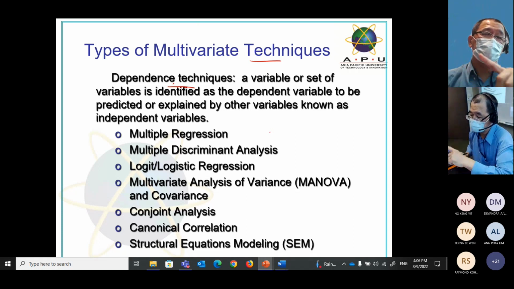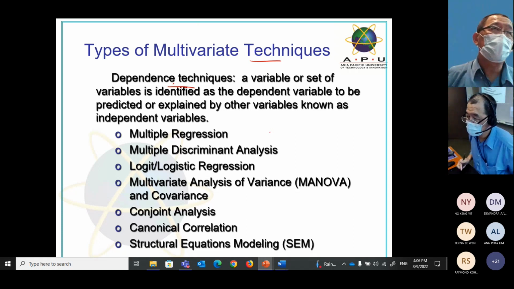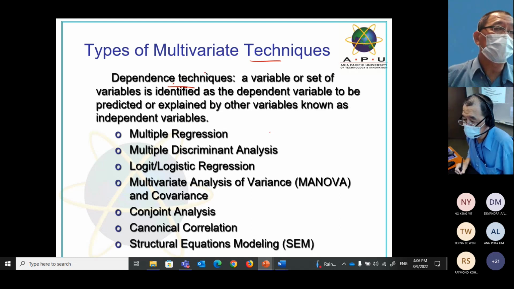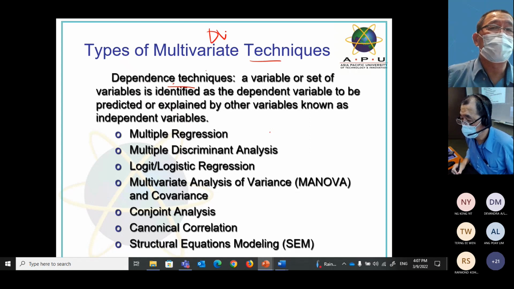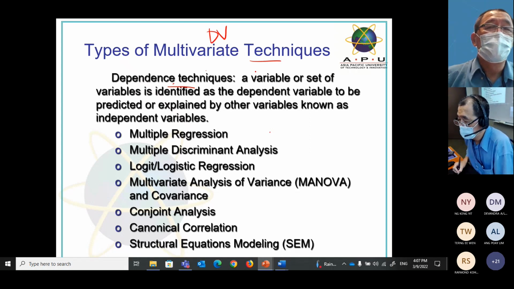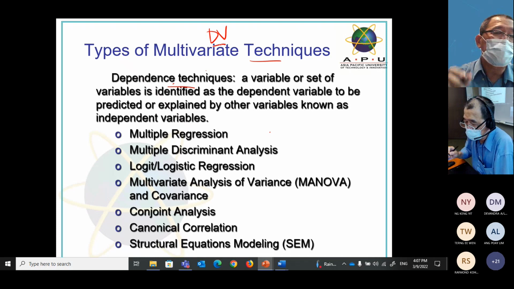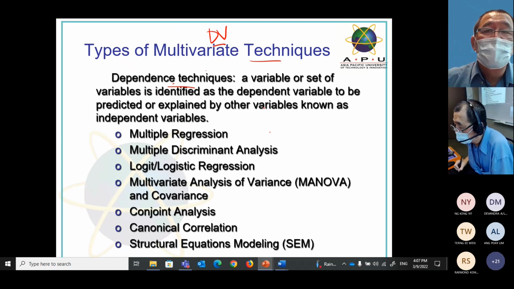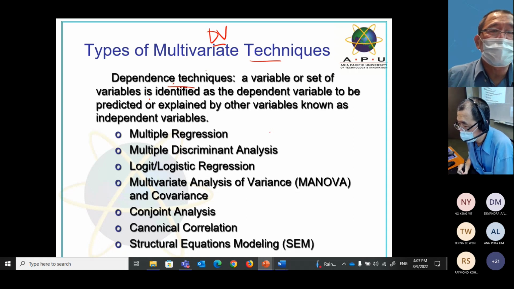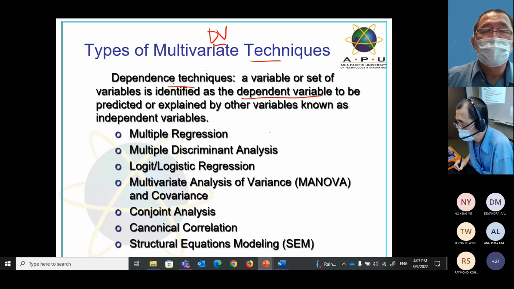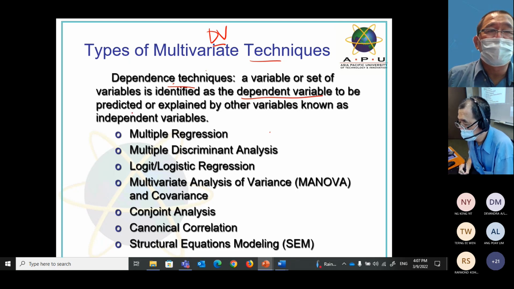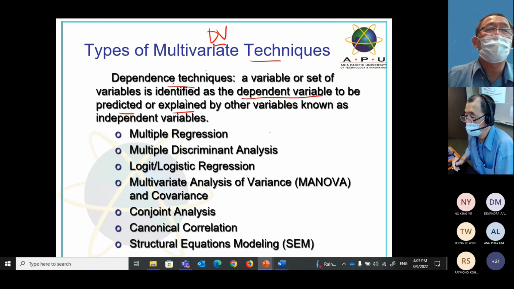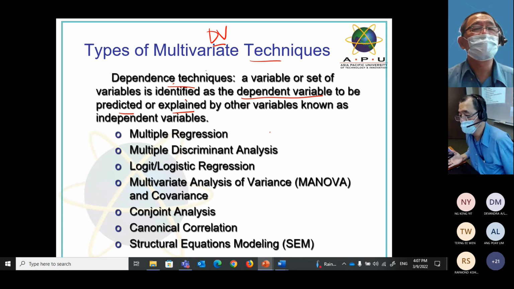We have two. First is the dependent technique, meaning that the model must define very clearly what your dependent variable is. This dependent variable depends on other variables. It is a variable or set of variables defined as the dependent, to be predicted or explained by other independent variables.